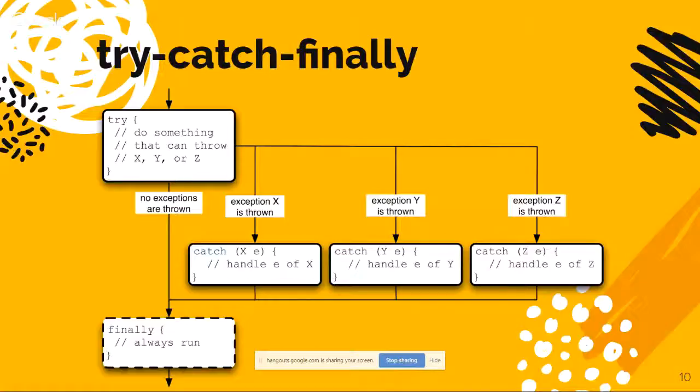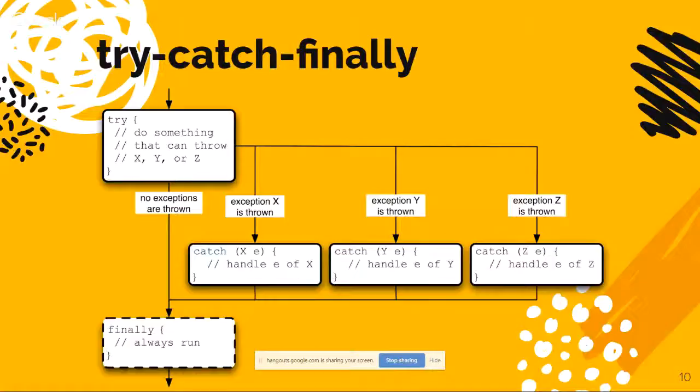If you are trying to connect to a database or read a file, this is the section you want to write your code for. And then in catch, you will handle all the exceptions that could be happening.